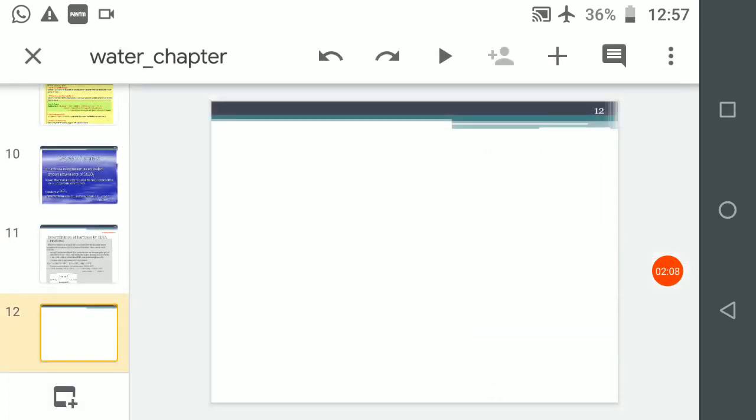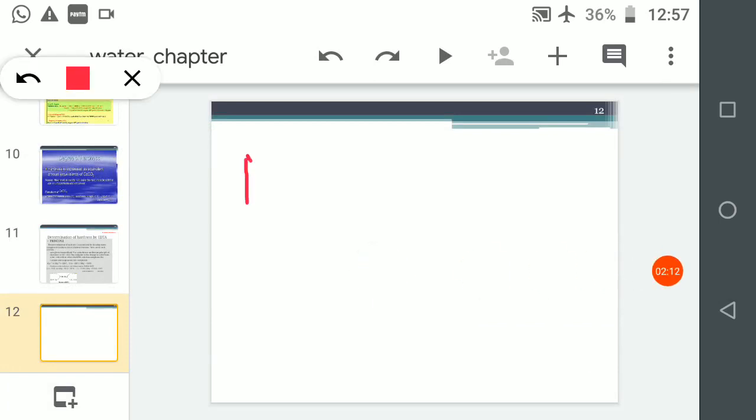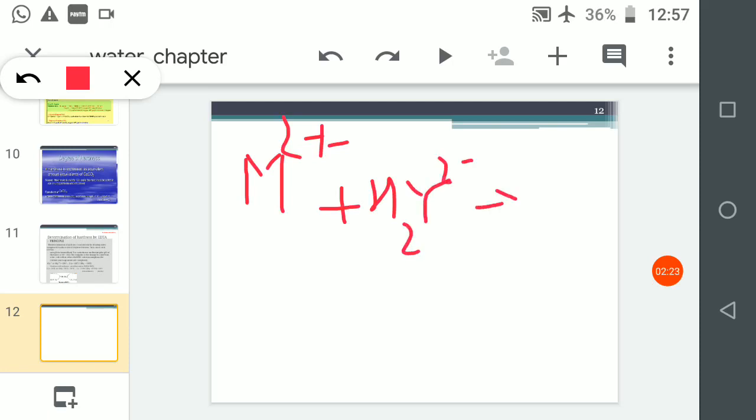We can see the reaction. M2+ plus H2Y2-, it's the disodium salt. Then it reacts to give MY2- plus 2H+ ions.